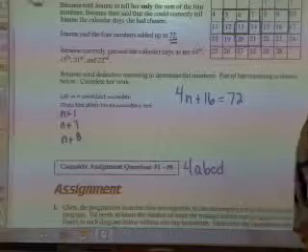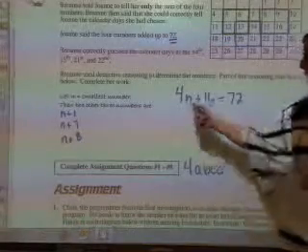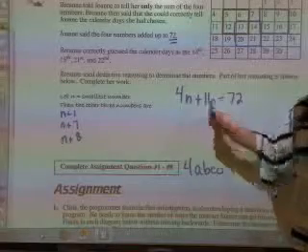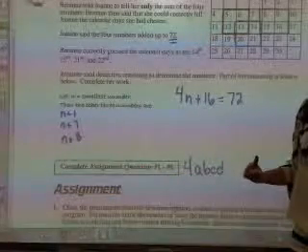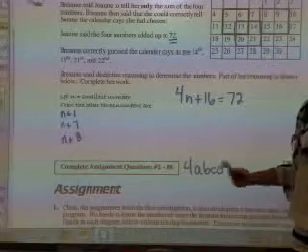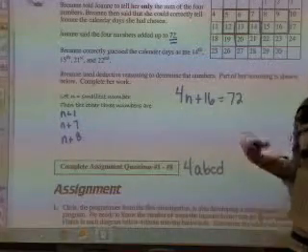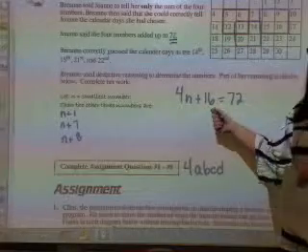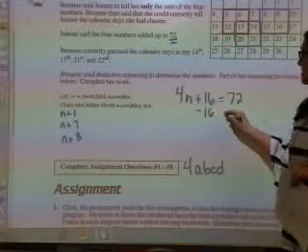So there's the equation. How do I solve an equation like this? So how do I get n by itself? Do I want to get rid of the 4 first or the 16? 16. And how do I get rid of the 16? Minus 16.